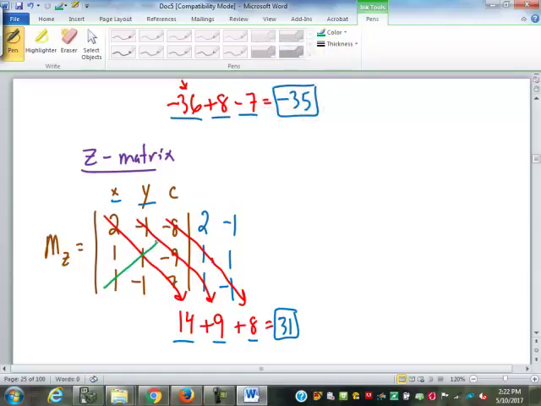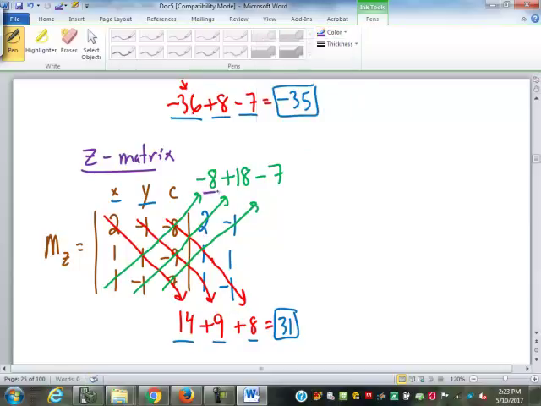Let's go up. 1 times 1, 1. 1 times negative 8, negative 8. Good. Negative 1 times a negative 9 is a positive 9. Positive 9 times 2, careful, positive 18. There you go. 7 times 1, 7. And then 7 times negative 1, negative 7.